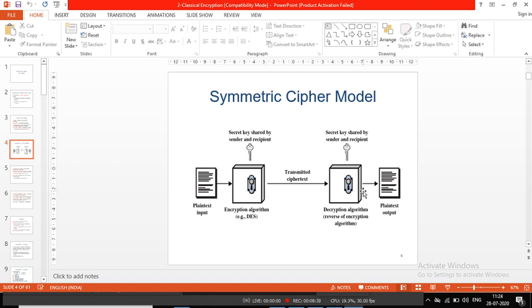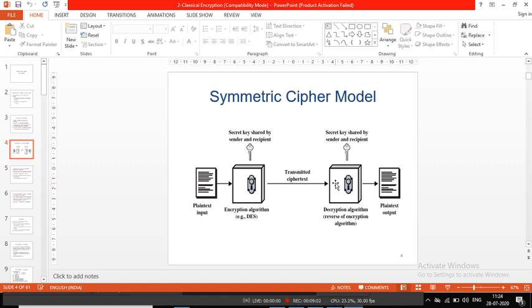On the receiver side, the receiver received the transmitted cipher text. Clear? The receiver received that cipher text. How can they read the original message? That cipher text is going to be decrypted. Decrypted means the converted data is going back into the plain text, okay.